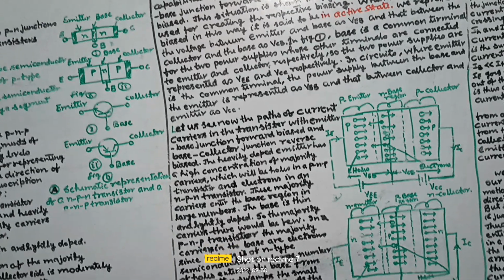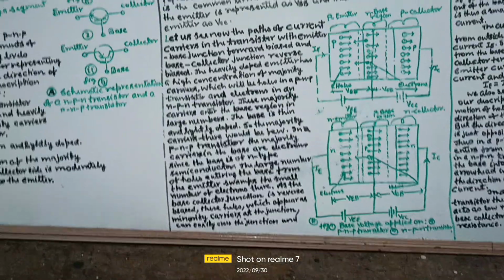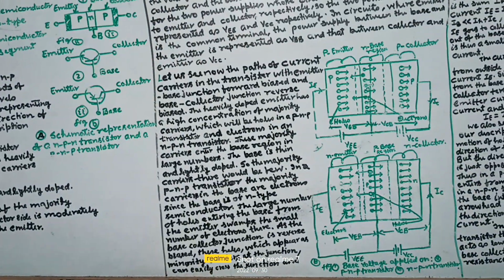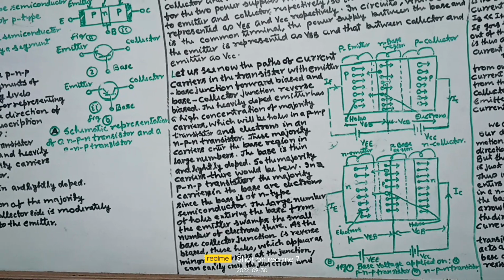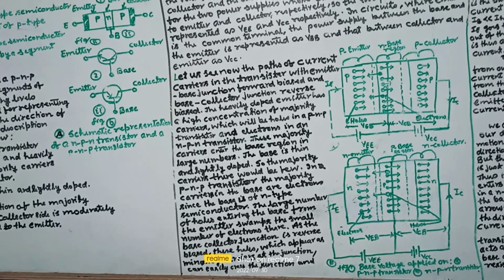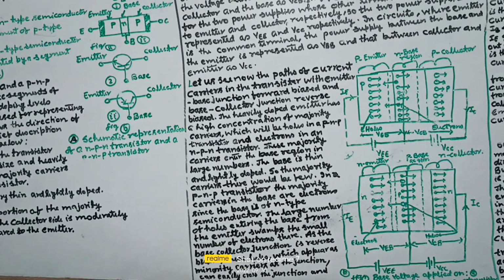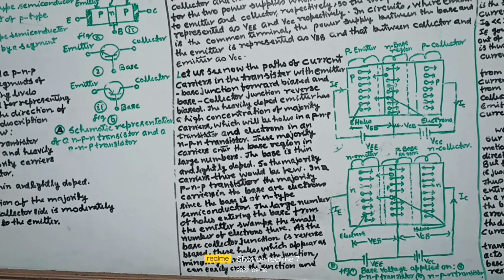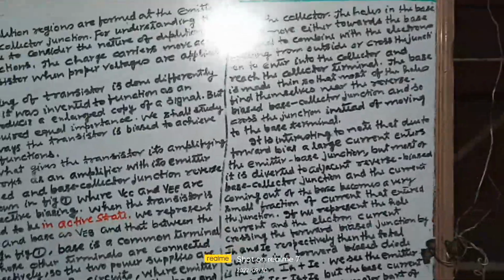As the base collector junction is reverse biased, these holes, which appear as minority carriers at the junction, can easily cross the junction and enter the collector.